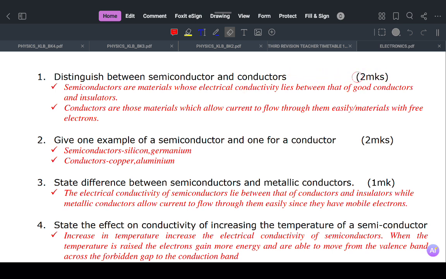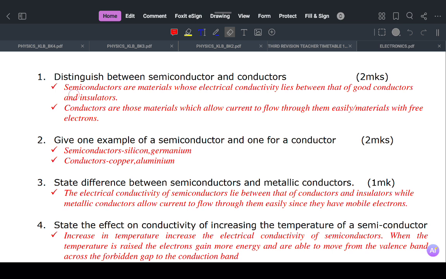So a question can come in an exam to say, distinguish between semiconductors and conductors. Remember that when it comes to giving differences between concepts or terms, you can use their definitions to show the difference between the two.